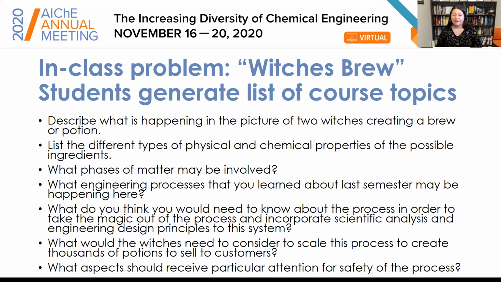What would the witches need to consider to scale this process to create thousands of potions to sell to customers? And finally, what aspects should receive particular attention for safety of the process? So we start thinking about safety, we start thinking about design, and we start thinking about the key formulas and variables that we need to consider in order to safely manufacture large scale quantities of reaction products.